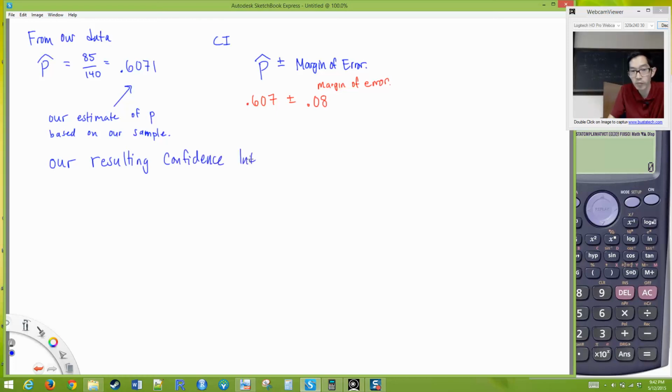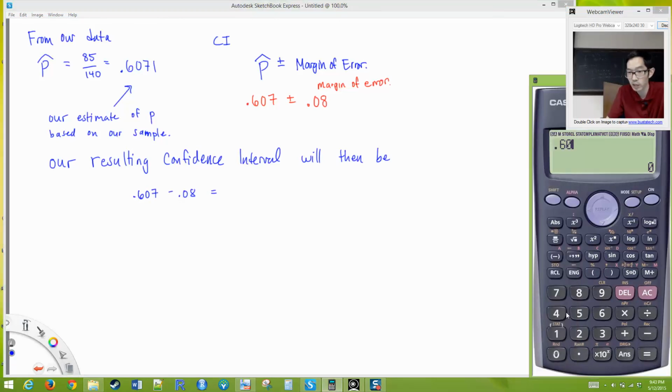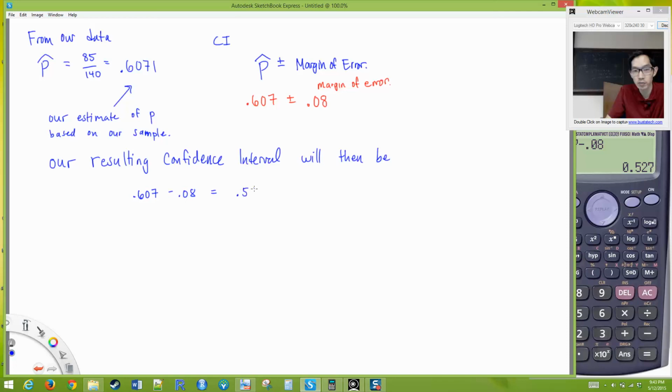will then be 0.607 minus 0.08, which gives me, I think, 0.527. But I'll double check. Yeah, 0.527, and 0.607 plus 0.08, 0.687. Okay.